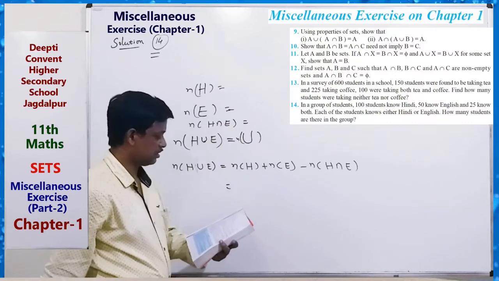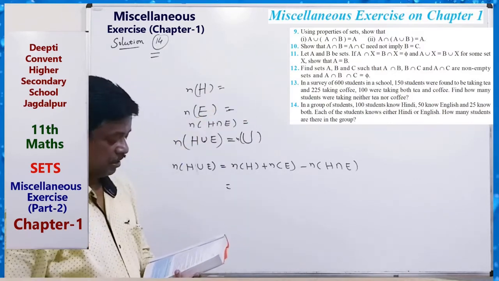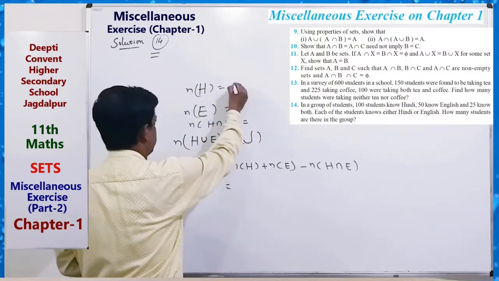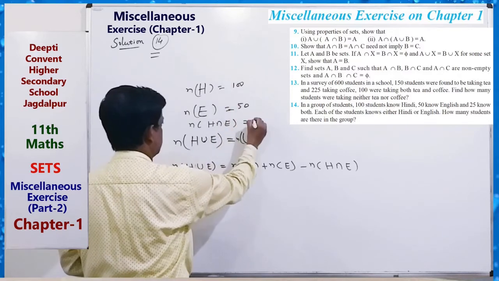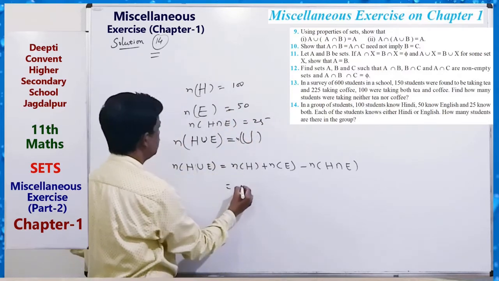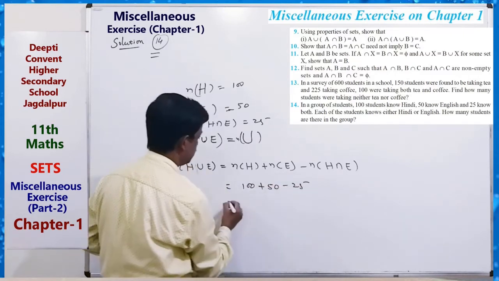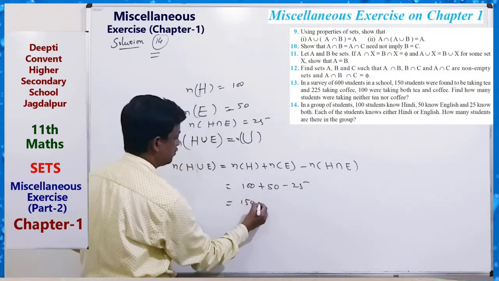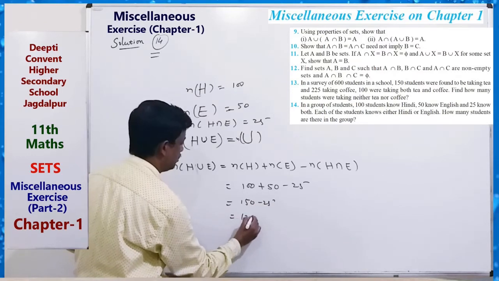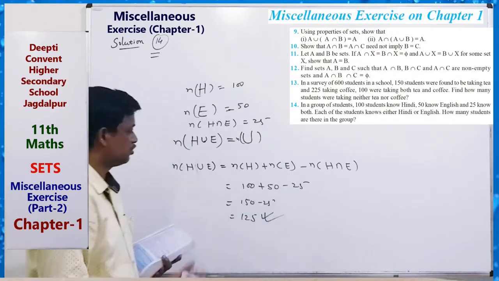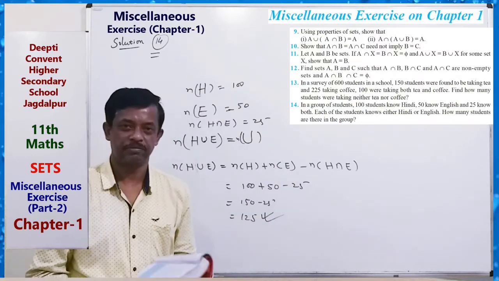How many students are there? 100, 50, 25. So use the result. Here 100 plus 50 minus 25, so 150 minus 25 is 125. This is the result. Total number of students is 125. Clear?